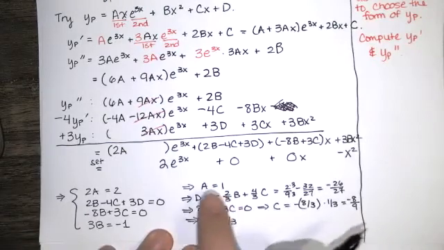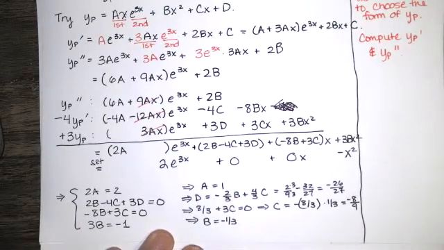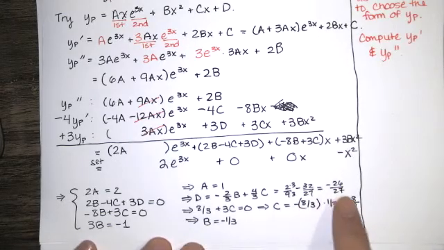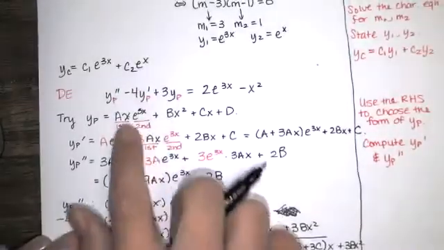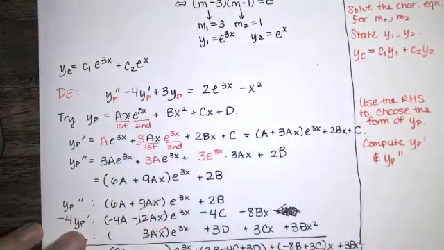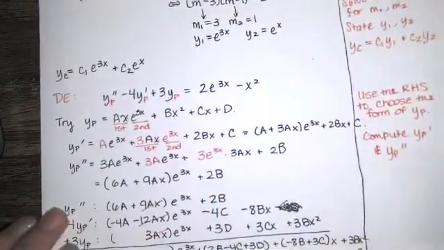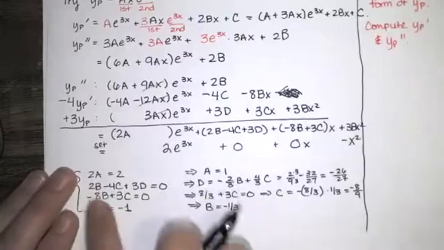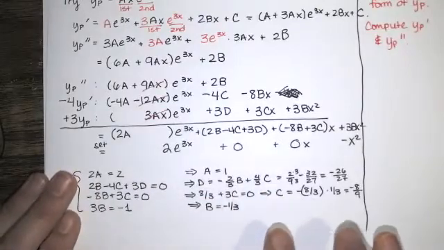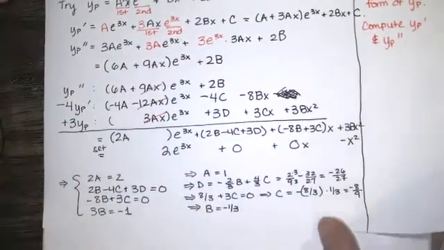This is saying that if A equals 1 and B equals -1/3 and C equals -8/9 and D equals -26/27, then this function satisfies this differential equation. So we solved this system of equations for A, B, C, and D, and now we'll substitute those into the solution.